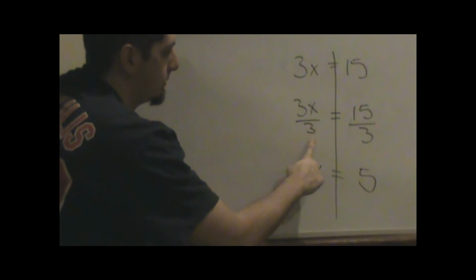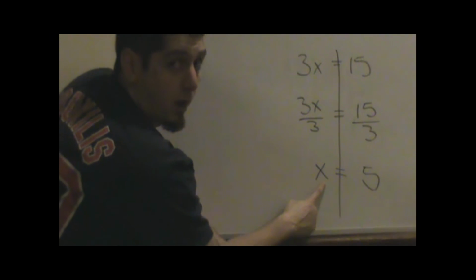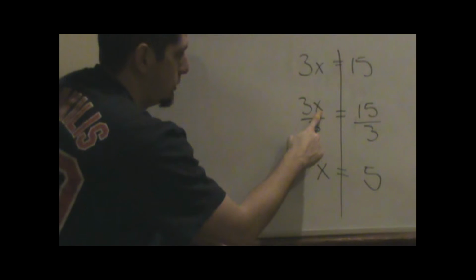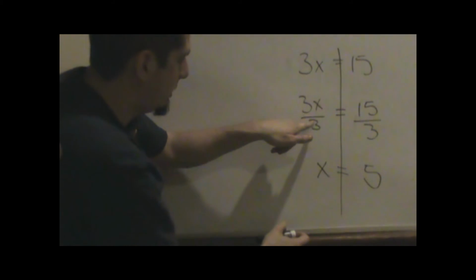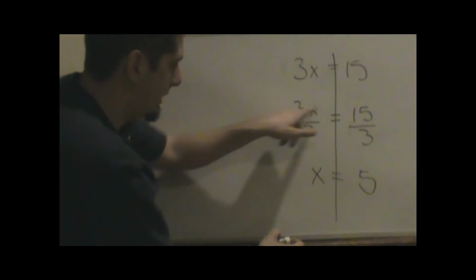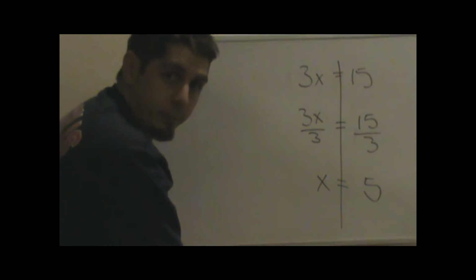Divided by 3 brings you back to 5. 3 times 2 is 6, divided by 3 brings you back to 2. So the division of 3 undid the times 3.